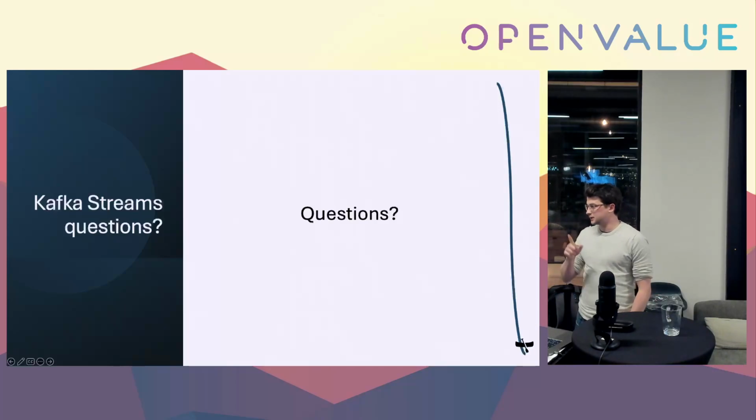A partition can only belong to one task, and a task can only belong to one thread. So it's not the case that multiple threads will read from one partition. No. So in that case, it's limited, but that does give you a lot of advantages on multi-threading, that you know that everything from the same partition is only there. So you need to scale it in terms of the number of partitions that are then handled by individual threads.